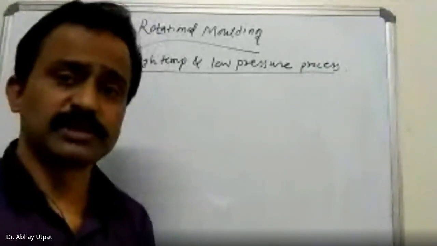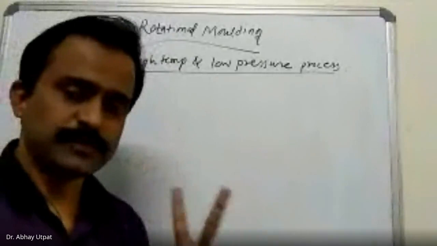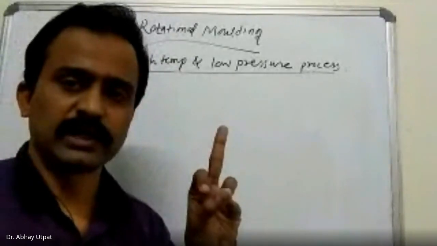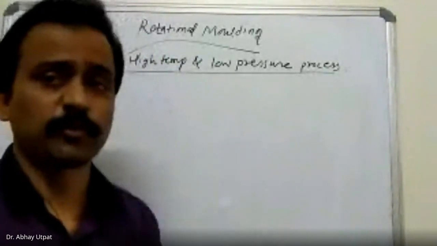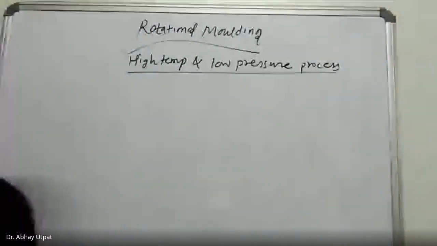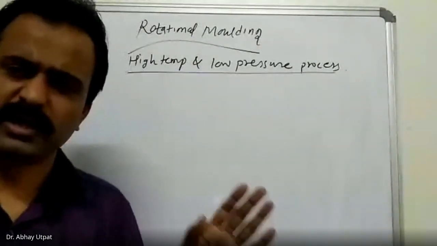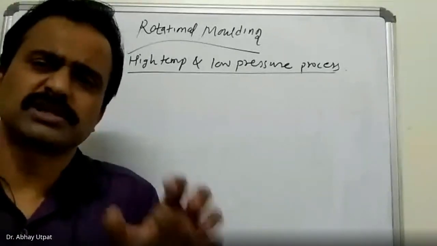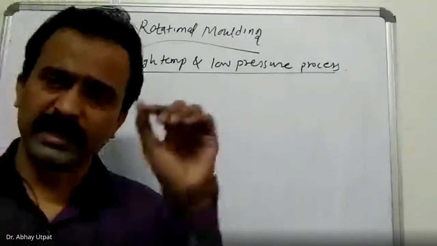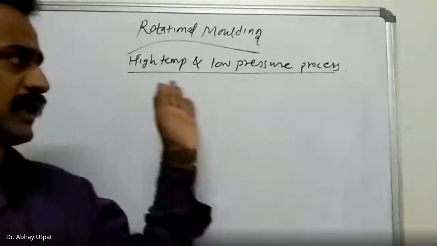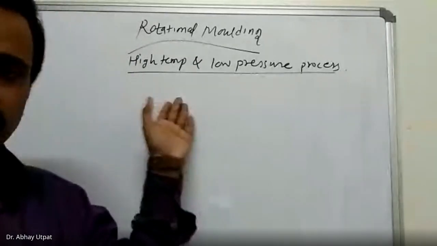Once you stop the rotation, there are two types of cooling: air cooling and water cooling. But remember one more point of difference for rotational molding: air cooling is preferred. Water cooling can be used, but it may cause shrinkage of your product. 99% of the time air cooling is preferred for rotational molding.